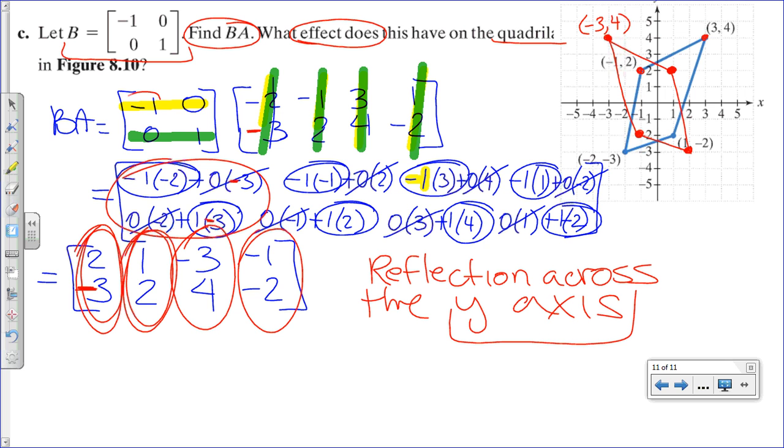And so that was done because of this one. We did not change the y values. The y values remain the same. So if you notice, when we were multiplying times the first row, all those y values were canceled out because they were multiplied by 0. Now, we didn't want to change those y values, here we had a 0.